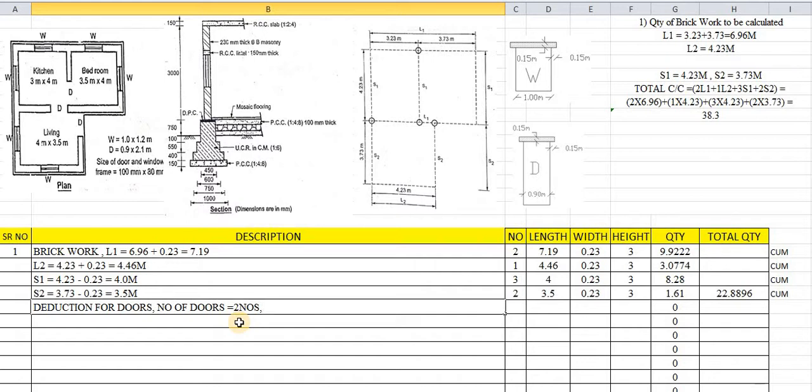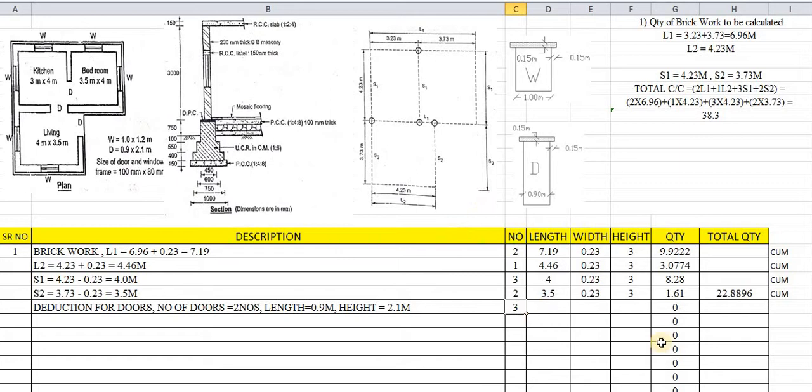The length of the door is 0.9 meters, and the height of the door is 2.1 meters.